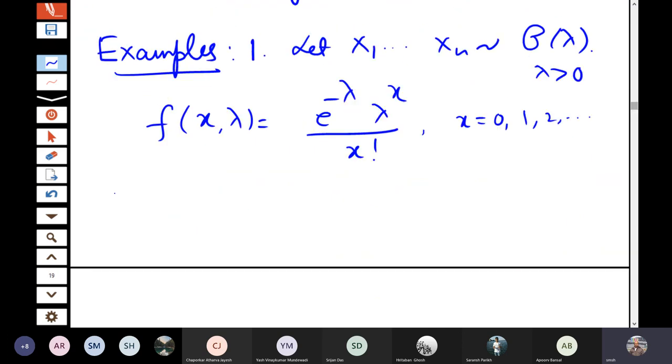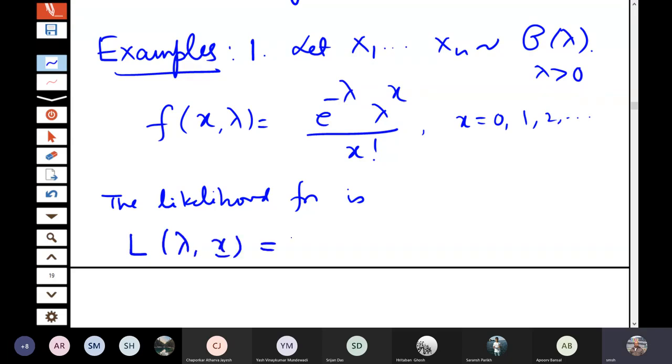So the likelihood function is the product of the distributions e to the power minus lambda, lambda to the power xi by xi factorial, where xi's are all 0, 1, 2 and so on.